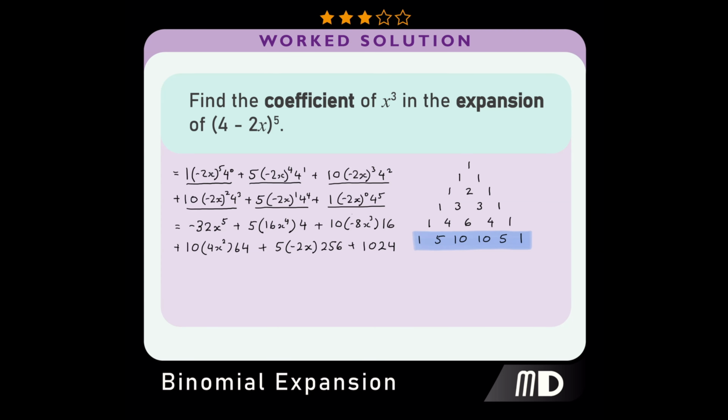We can simplify this further. Minus 32x to the power of 5 plus 320x to the power of 4 minus 1280x cubed plus 2560x squared minus 2560x plus 1024, which gives us a coefficient of minus 1280 for the x cubed term.